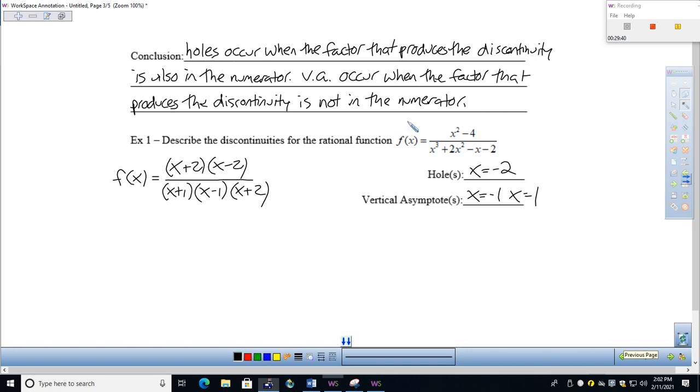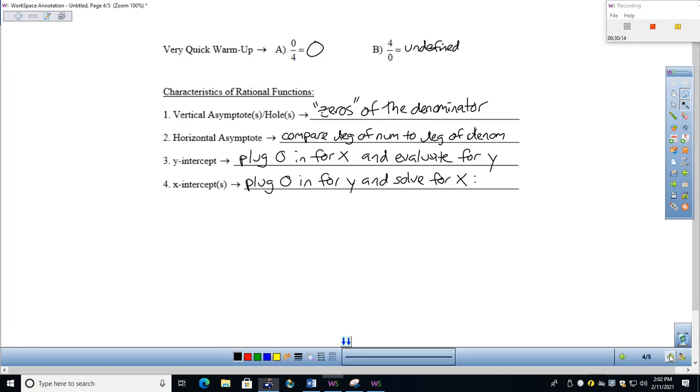So what I would do, and I'm going to erase this just because I don't want it to stay, is put 0 in for y and solve for x. Now, what did we just figure out? How do I get an answer of 0 when I'm dealing with a fraction? Well, as we just saw, and the whole reason for me to do this, if the numerator is 0, then the overall answer is 0.